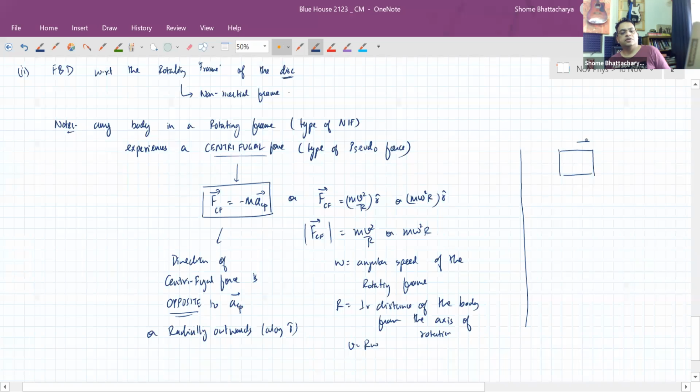You can also understand this with a comparison. If we are in a non-inertial frame like this, then any particle in this non-inertial frame experiences a pseudo force.